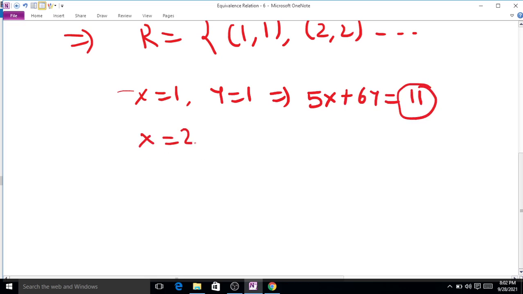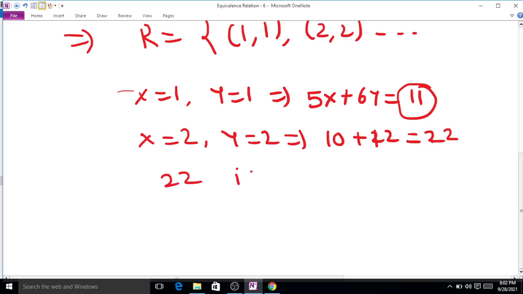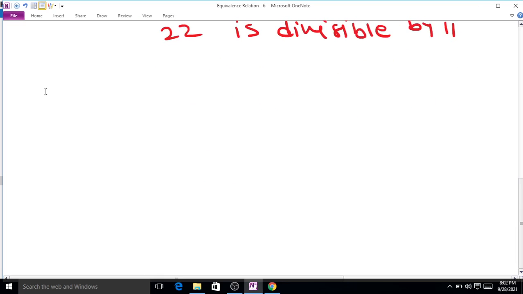Again, if x is equal to 2 and y is equal to 2, then 10 plus 12 is equal to 22, which is also divisible by 11. So if we collect all such ordered pairs (x, y) in set R, we want to check whether R is an equivalence relation.